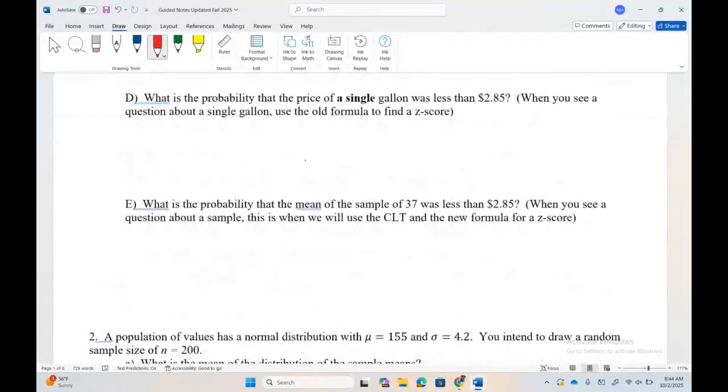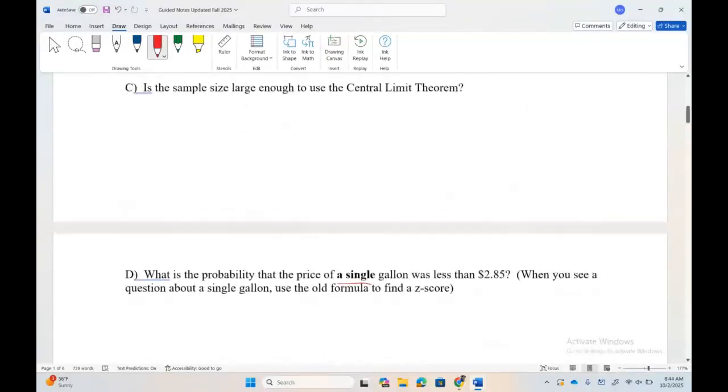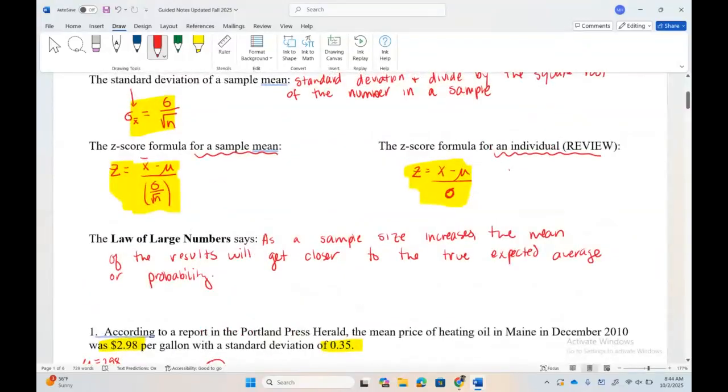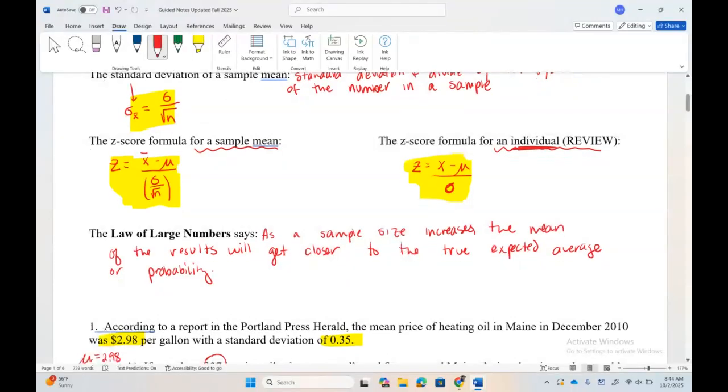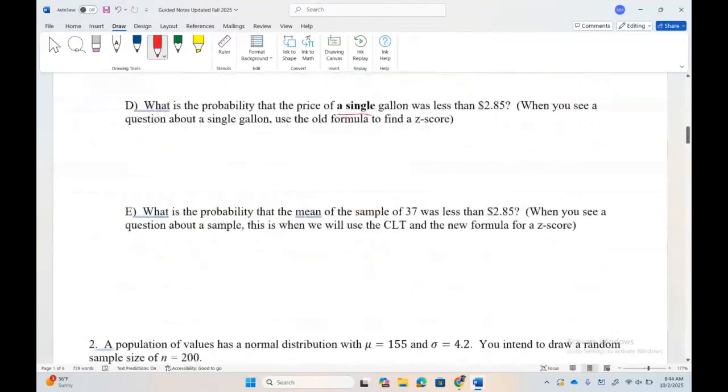Okay, what is the probability that the price of a single gallon was less than $2.85? If we're talking about a single gallon, then we will use the formula for Z that talks about an individual. I scrolled up there for just a second. So this is like the old material.